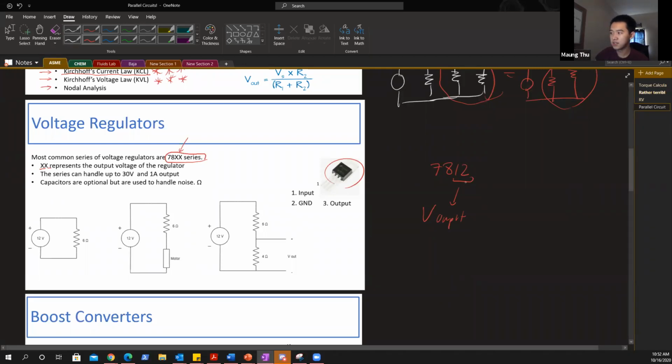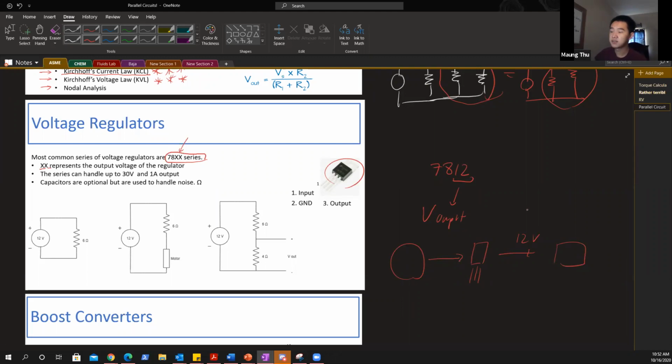So when it says 12, if it gets through from the battery to the electronics here, it makes sure these electronics get a consistent 12 volts at all times. That's the beauty of it.